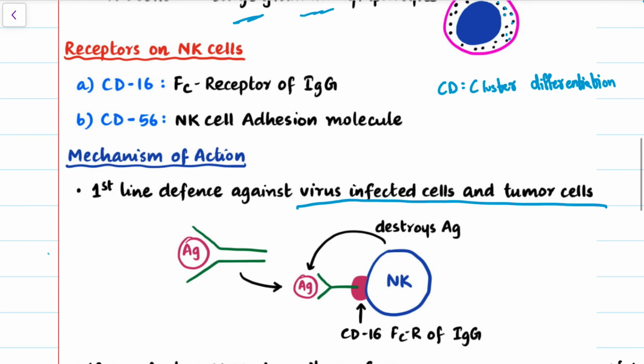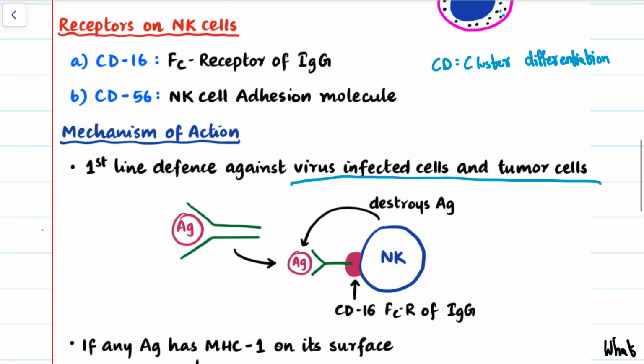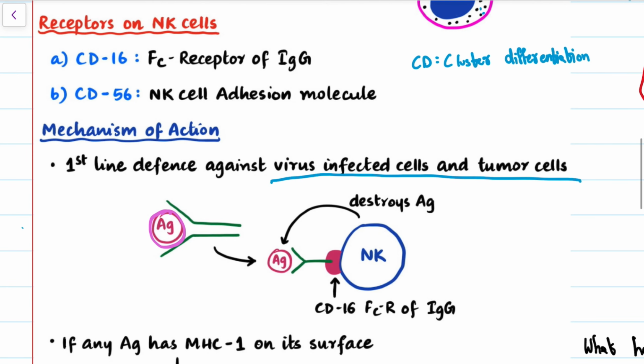What happens is actually, you see, these NK cells can't directly go and bind to the antigen. So what they need is that the antigen has to be combined with an immunoglobulin. Since they have an immunoglobulin receptor, they need this antigen to be structured together with an immunoglobulin or an antibody.